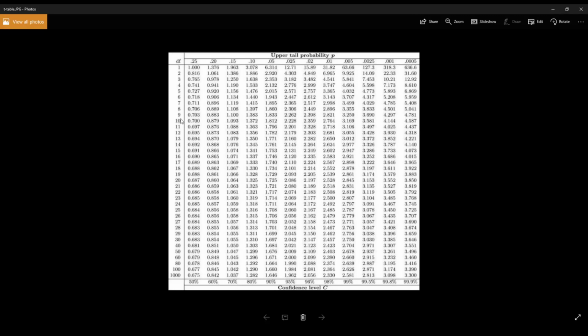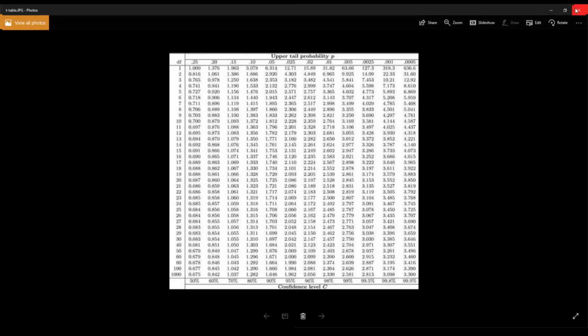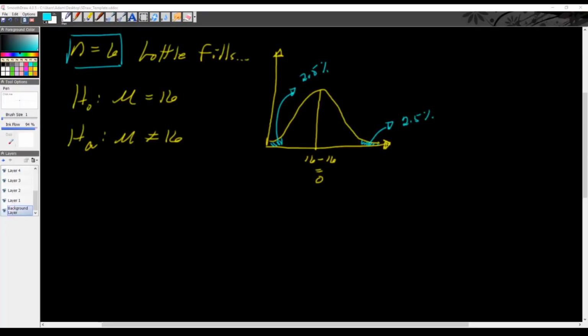So if I go to degrees of freedom equal to 5, and we let 2.5% exist in the upper tail, the critical value is 2.571. So the critical value, T critical, is 2.571, and since it's symmetric, it'll be negative 2.571.